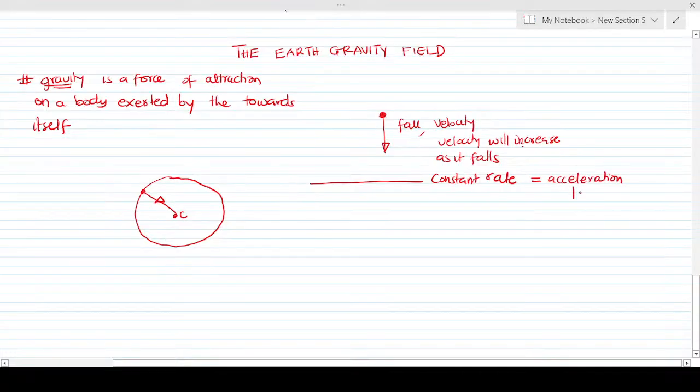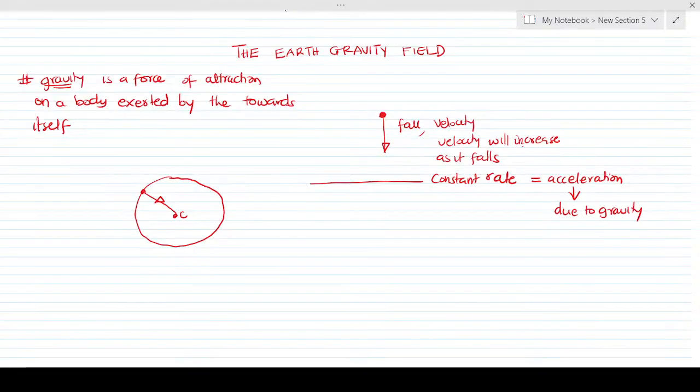This acceleration is due to the gravitational force of attraction. So that is where we got acceleration due to gravity from.